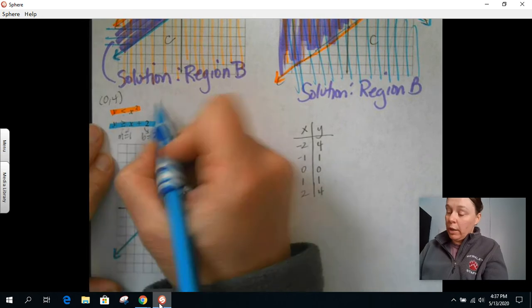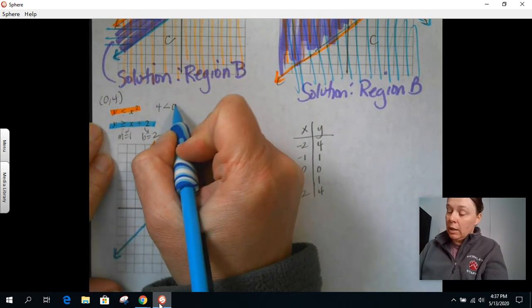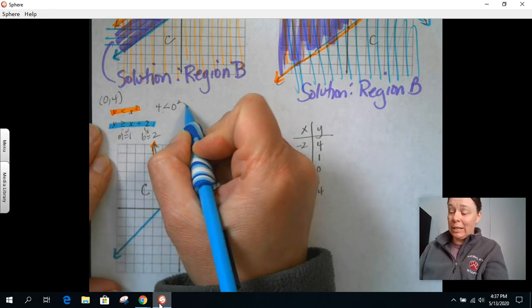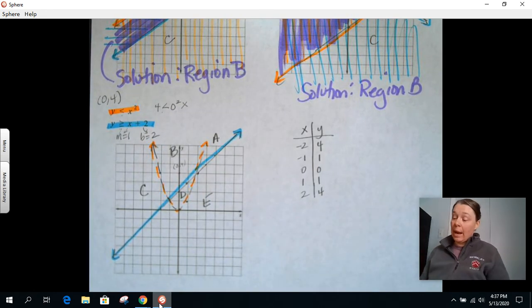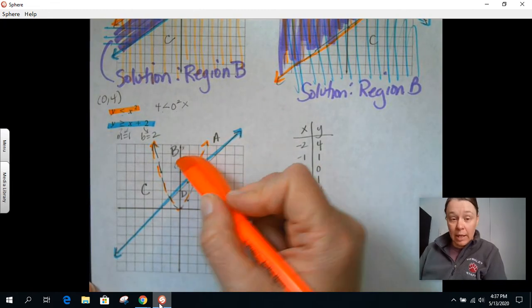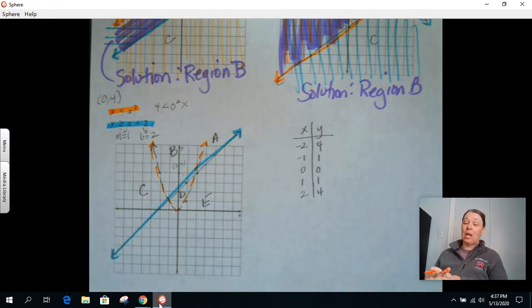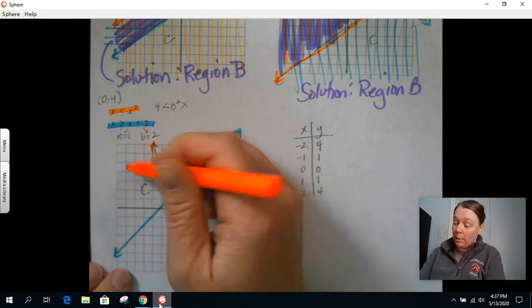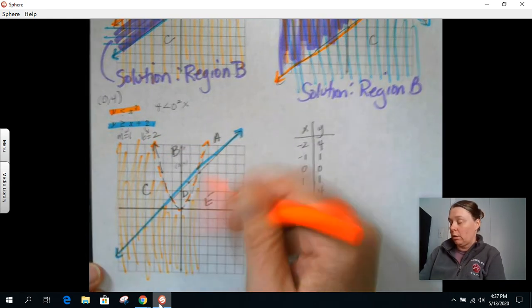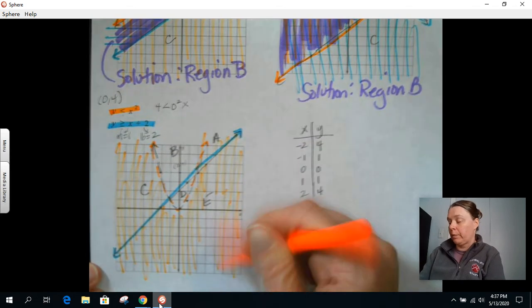So if I plug 4 in here, is 4 less than 0 squared? Is 4 less than 0 squared? It is not. Okay, so that means that for my parabola, my orange graph, I'm not going to shade the side that contains the 0, 4. I'm going to shade on the other side of that. So it's going to be all this stuff over here. All of this.